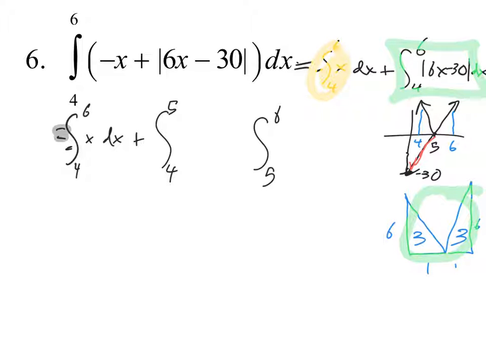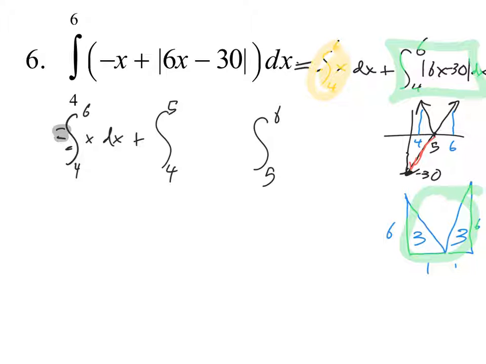If you think about it, from 4 to 5 it's actually doing the opposite, right? Remember, the original function was down here, but when we take the absolute value, it comes up top. Well, that's just the opposite of 6x minus 30. That's negative 6x plus 30. If you were to follow this line, it would go up and hit the y-axis at 30, and it has a slope of negative 6.